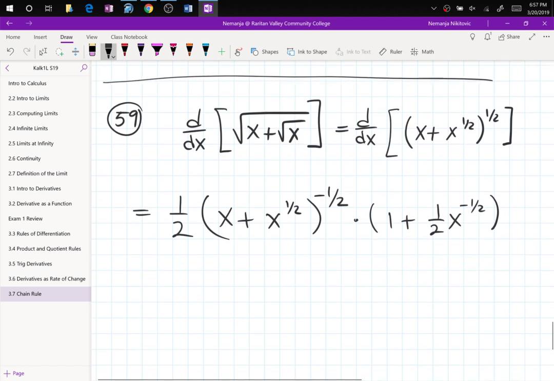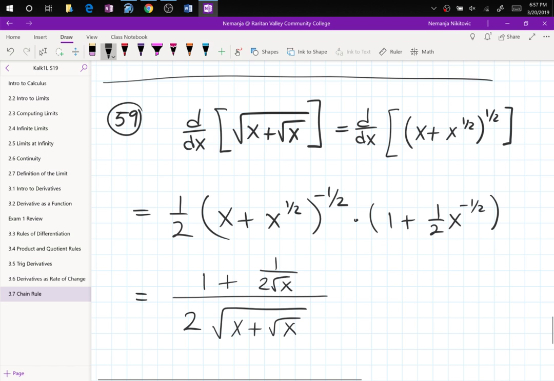Now you can make it pretty by placing all these square roots. This is the denominator, yeah, so we have a 2 square root of x plus square root of x, 1 plus 1 over 2 root x, and now we multiply to fix this.